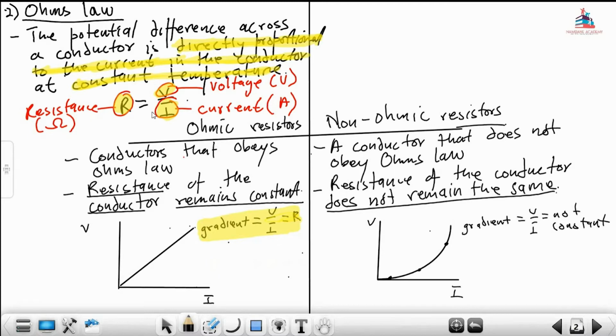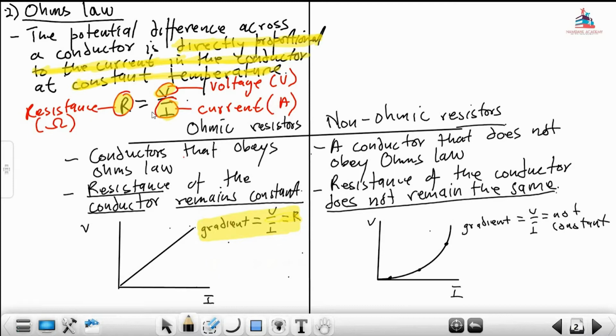So this is an easier, basic way of differentiating between non-ohmic and ohmic. But remember, we can also be assessed in terms of graphs. So if you are assessed on a graph, just check what is your independent and what is your dependent variable. In most cases you will have different graphs.